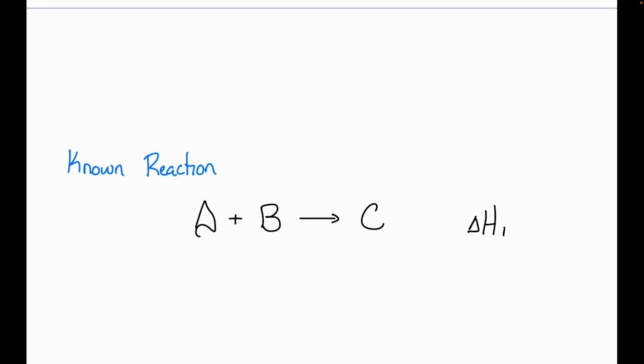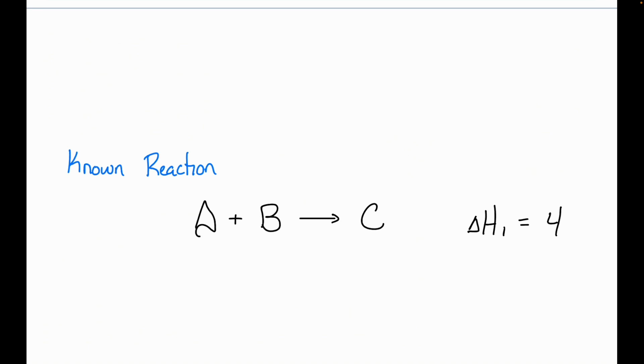So let's say that we know again that A and B will combine to make C. And we know this delta H. Let's just put a number on it. We're going to call it a delta H of 4.